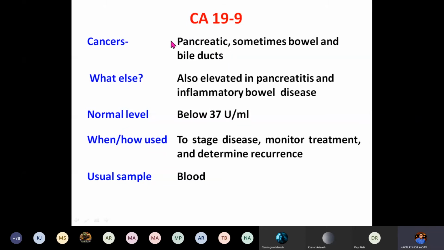So you can use CA 19.9 for pancreatic cancers. But not only pancreatic cancer, it is also increased in pancreatitis and inflammatory bowel disease. So that means it is also not more specific for cancer.